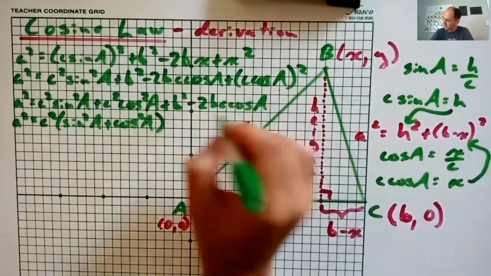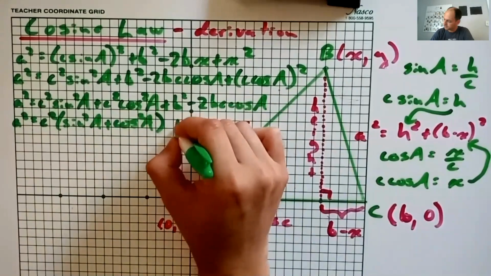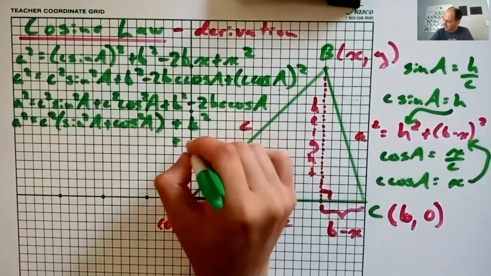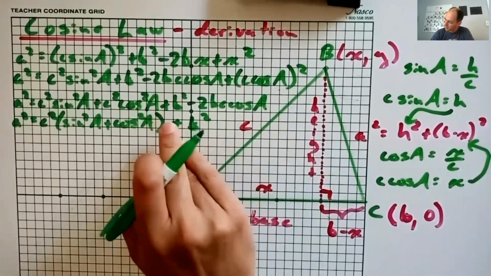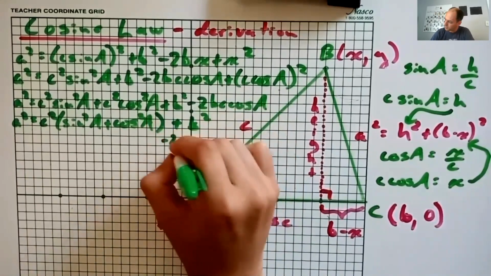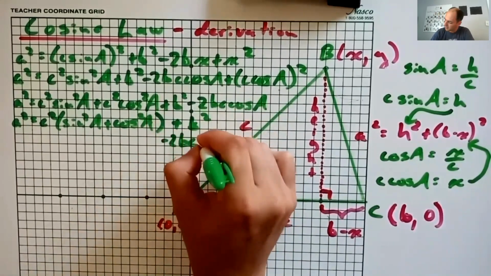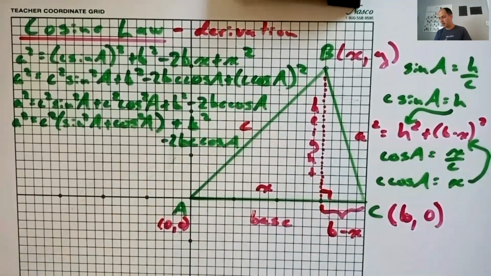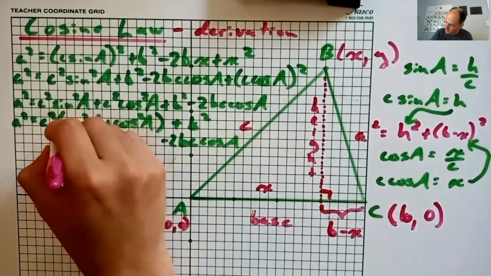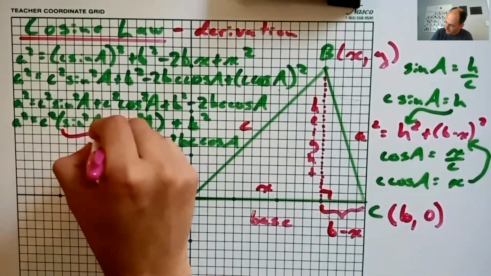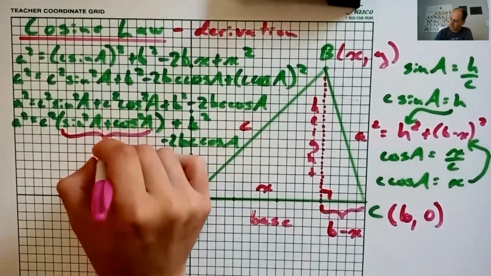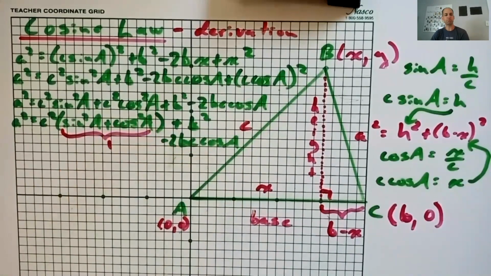We still have our b squared. We still have our minus 2bc cos A. But sin squared of angle A plus cos squared of angle A is simply equal to 1.